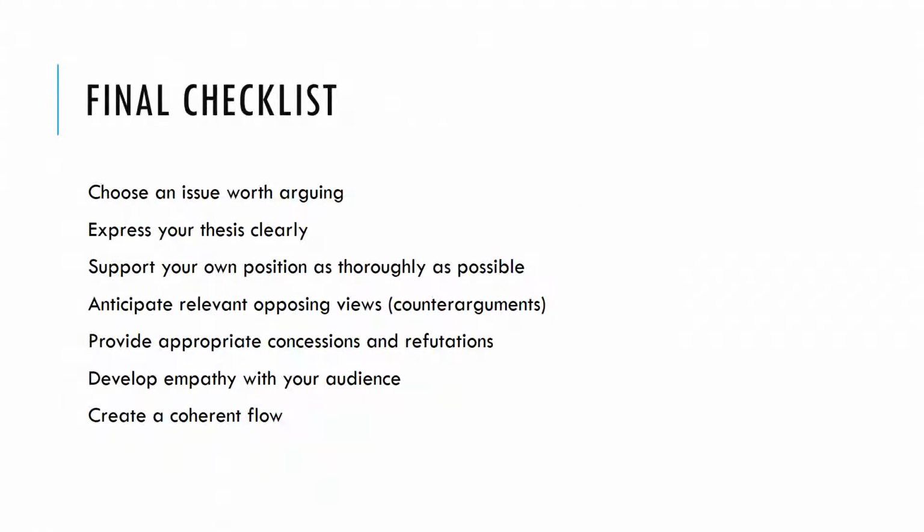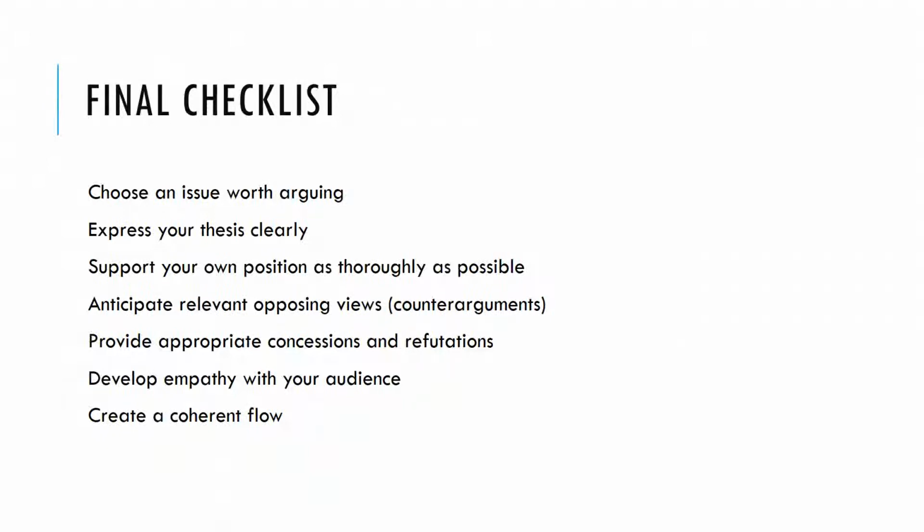Let's take a look at a final checklist for the written argument. Remember, you need to choose an issue worth arguing, one that has a compelling edge. This is that whole pet care versus laboratory testing on animals distinction that we saw earlier in the lecture. Express your thesis clearly and use it to guide your research and to help you stay on topic.